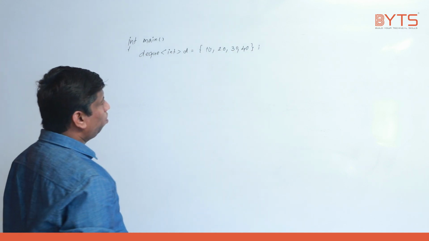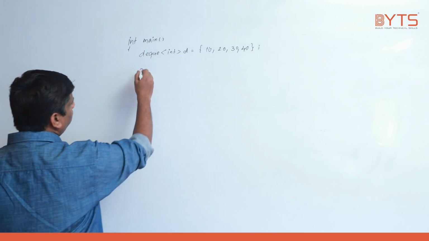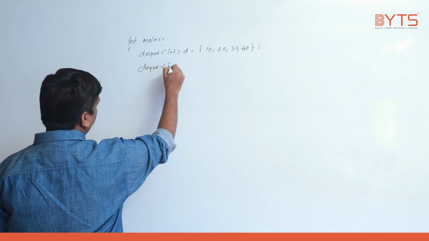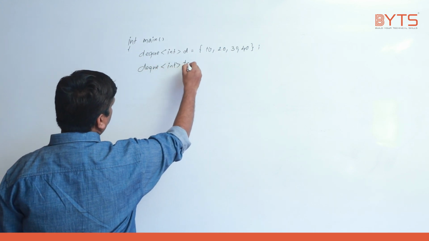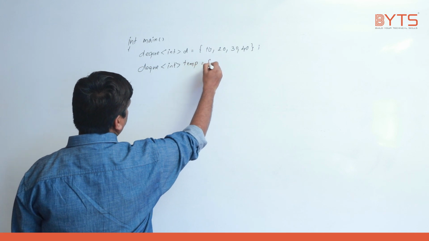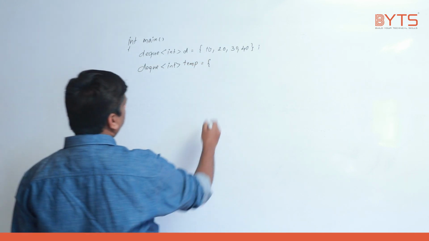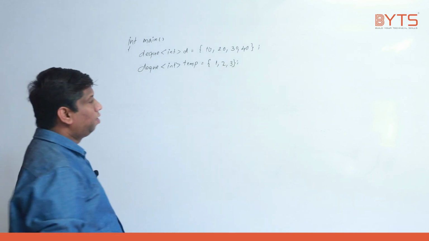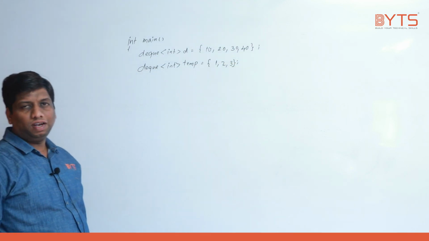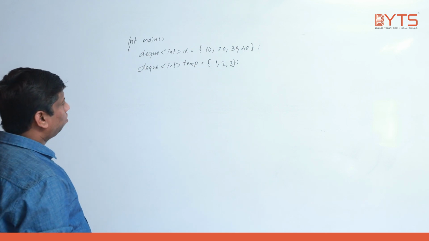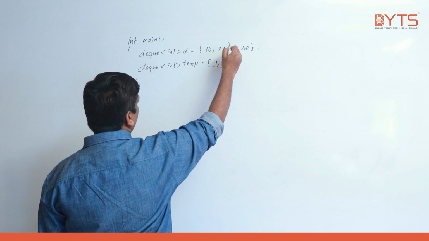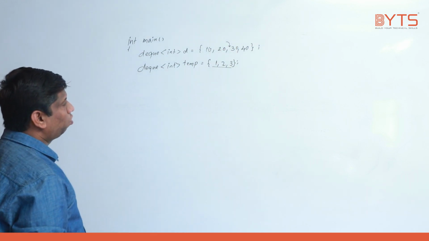Now I will create another DeQueue, a temporary DeQueue, with 1, 2, 3. Now I need to insert 1, 2, 3 into the second location.